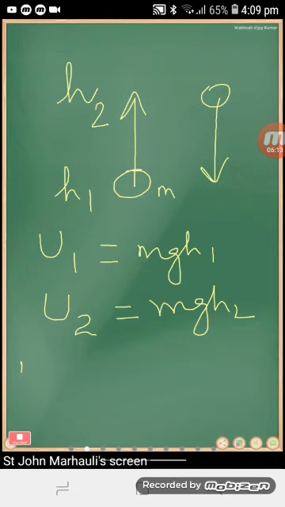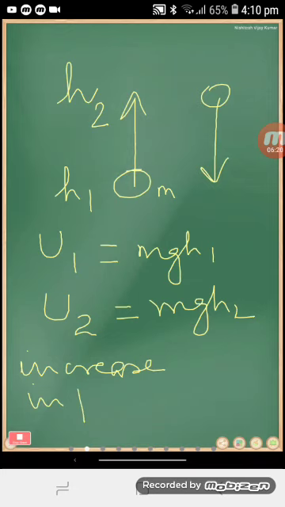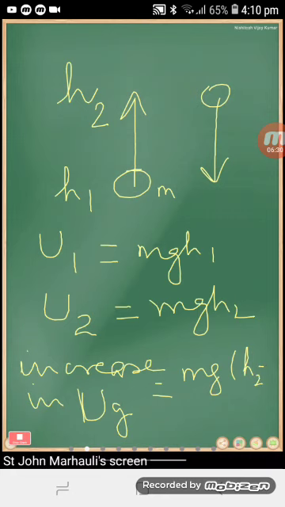So the increase in potential energy will be given by mg(h2 − h1). This will give you the increase in the potential energy.